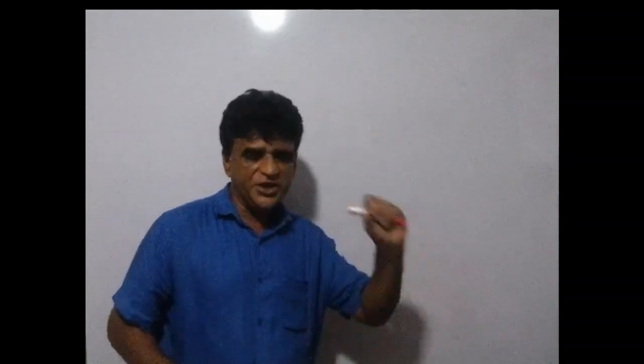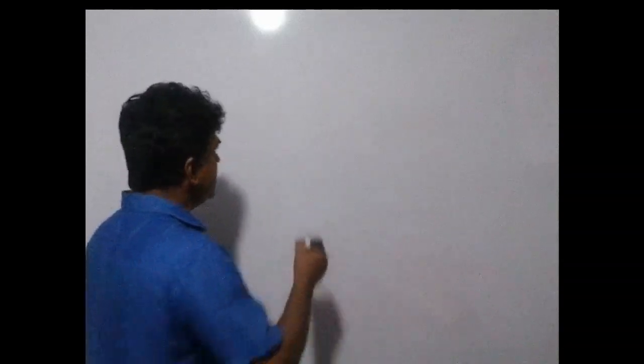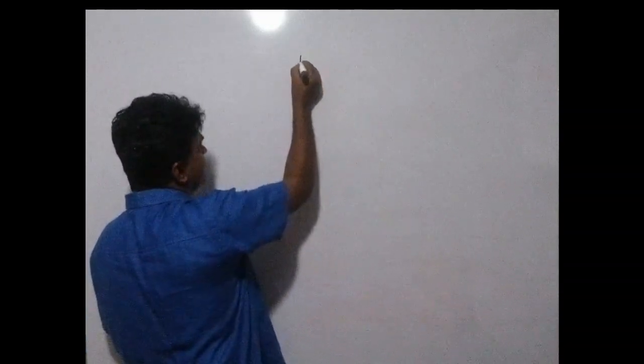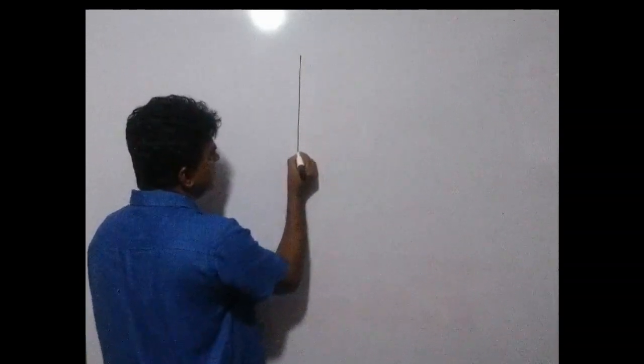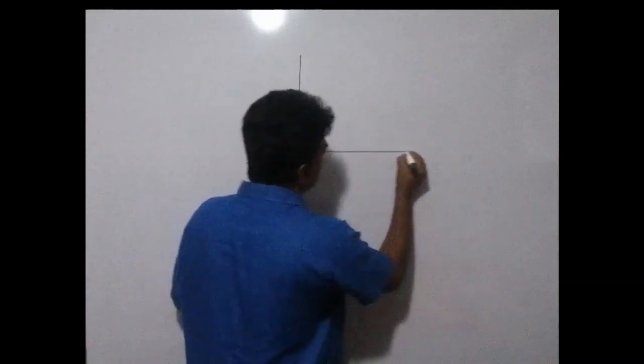Right. Now there are two types of demand curves. One is the Marshallian demand curve, the other one is the Hicksian demand curve. For that I am using two graphs.